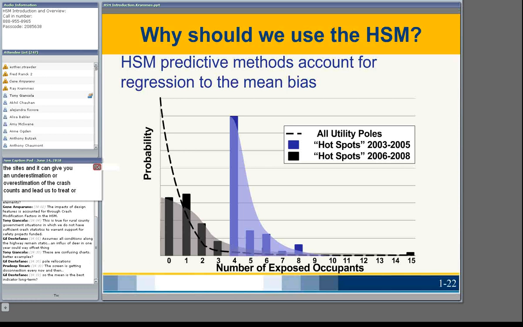What that is they have CMFs for railroad highway grade crossings, which consist of installed. And there's only a couple of CMFs for work zones, and it has to do with the duration, the time.